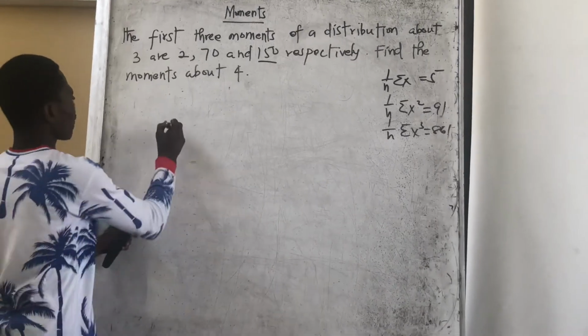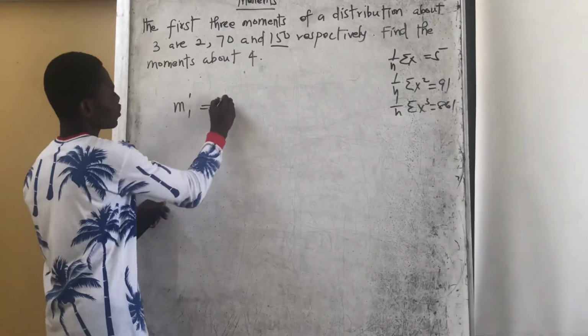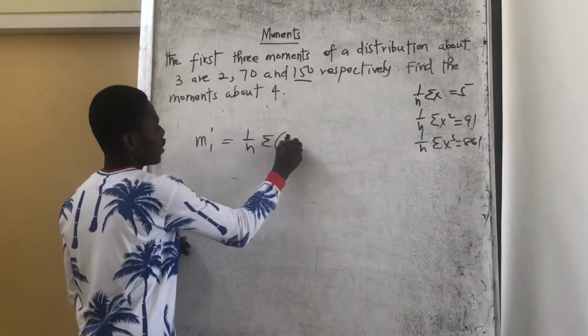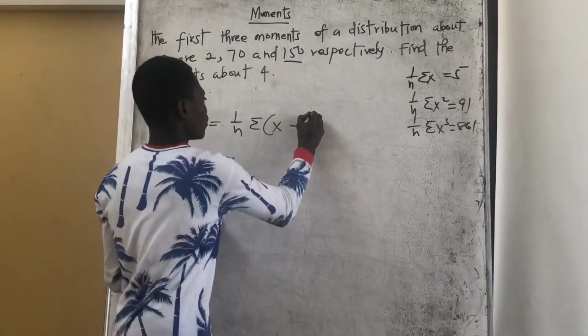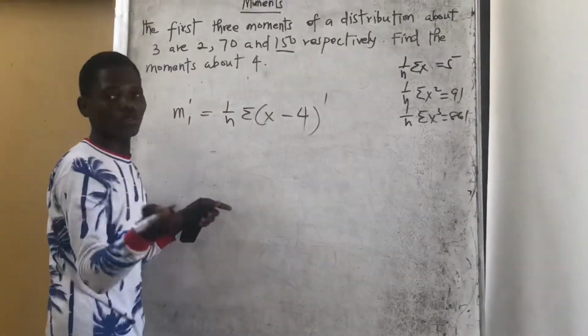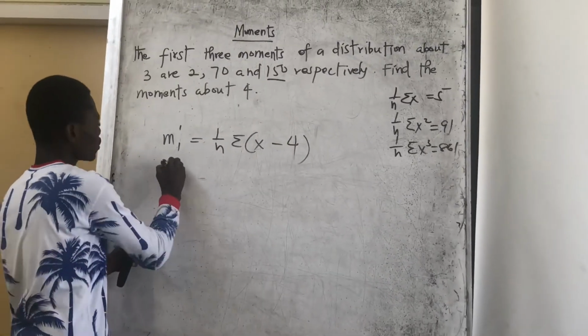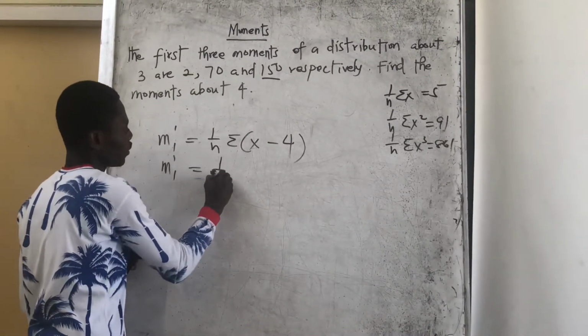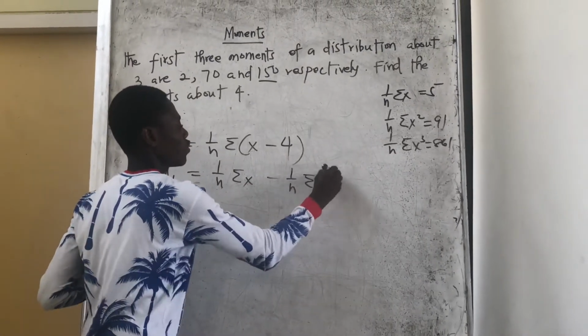In the same formula, the first moment is going to be m1, which is 1 over n sigma x minus a. Now the a is 4 because we are finding the moment about 4. So minus 4 to the power 1, which you can ignore. So the first moment about 4 is going to be 1 over n sigma x minus 1 over n sigma 4.